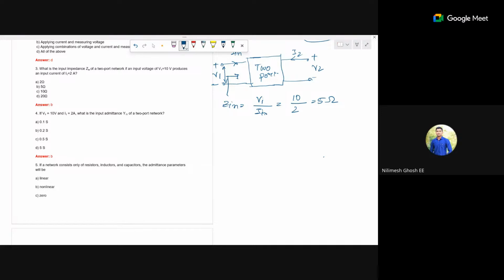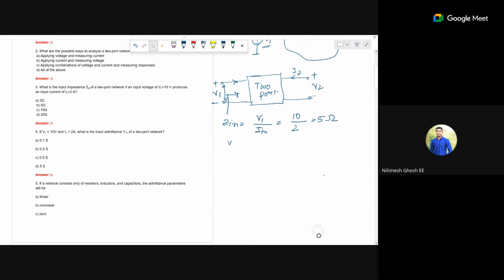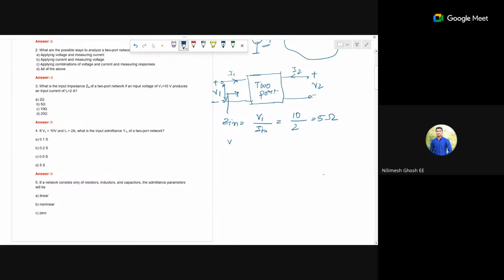If I write the relation between these four quantities, I1, I2, V1 and V2, then V1 will be I1 into Z11 plus I2 into Z12, and V2 will be I1 into Z21 plus I2 into Z22.